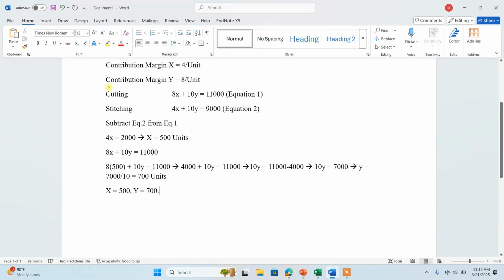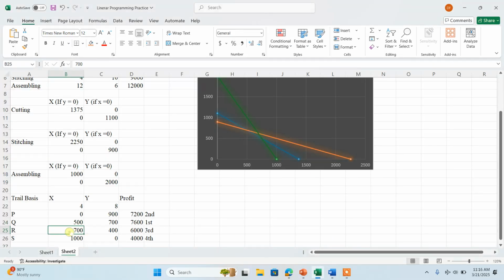You can get the same solution by replacing this equation with the third one. Again, you will get the best combination, 700 of x and 400 of y. I think there's no need to do it again. We already know that this one is the best combination. Got it, my dear?